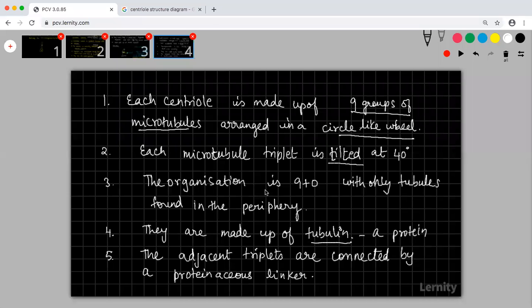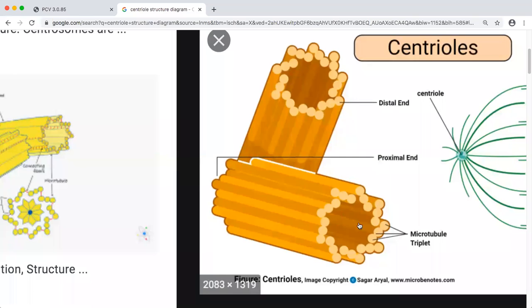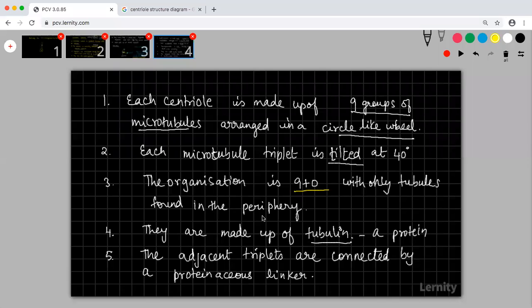And then what is the one more thing that you have to write? The organization is 9 plus 0. So there is nothing in the central. The central area is not filled with tubules. Only tubules found in the periphery, nothing in the central. And then the adjacent triplets are connected by a proteinaceous linker.